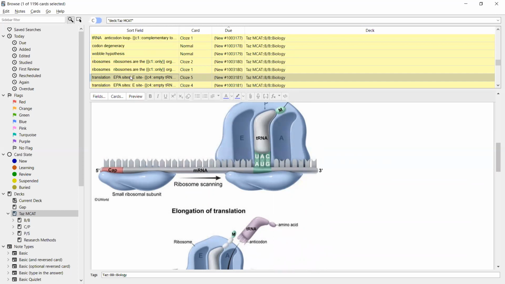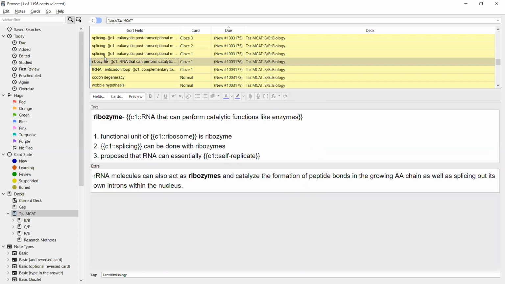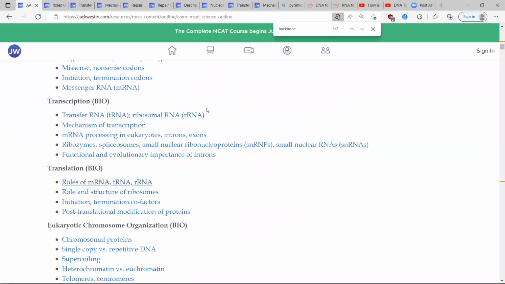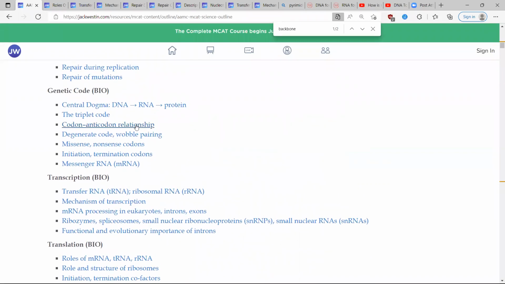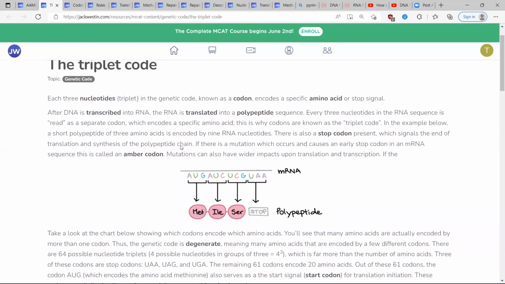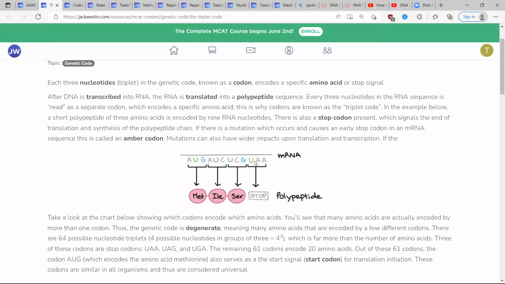So what are codons? Actually, I need to talk about codons first. Oh, the triplet code, yes. How do we get from DNA and RNA to a protein?